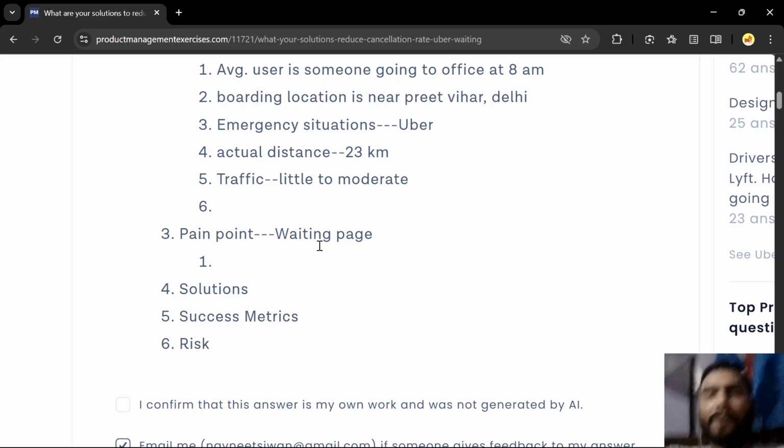First of all, it provides how much time is left for their actual ride to start, and what is the distance the car is from their actual location.